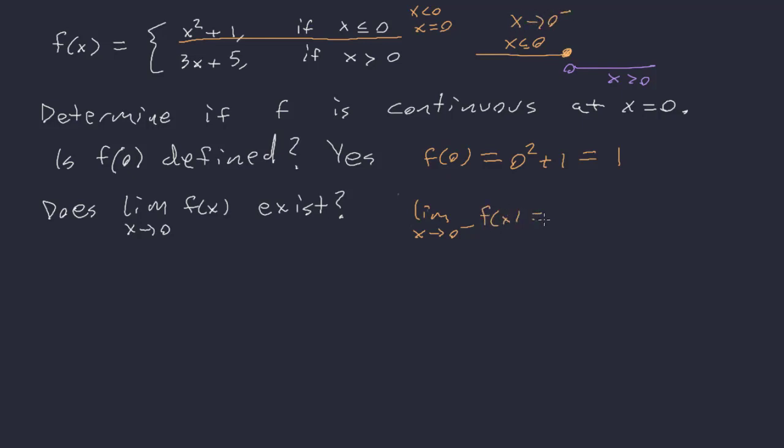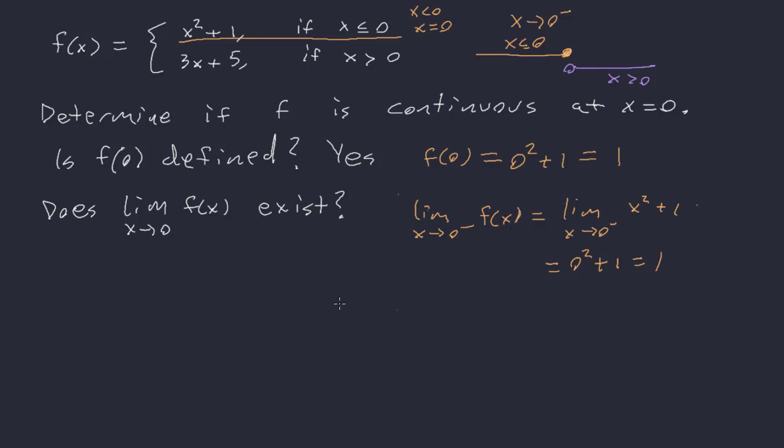Well, we would use this same piece. This would be the limit as x goes to 0 from the left of x squared plus 1. And we can just plug in the 0. So we get 0 squared plus 1, which is 1. Okay, so you don't often have to write this work over and over again, but just to show what's going on.